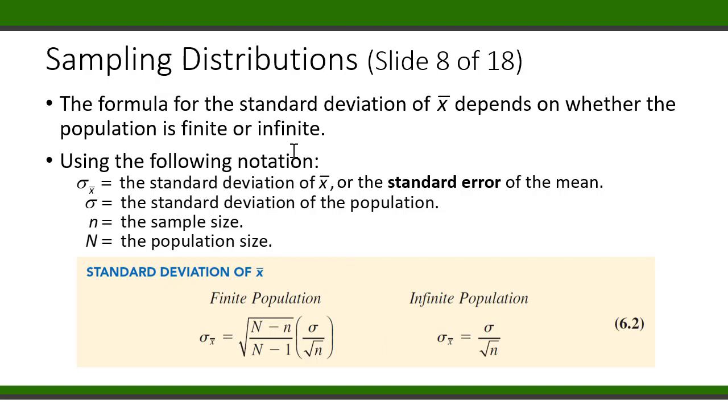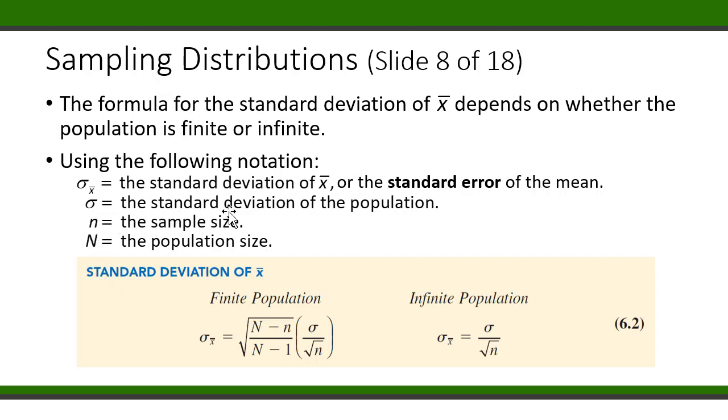The formula of the standard deviation of x bar depends on whether the population is finite or infinite. If we use the following notations, the standard deviation of x bar, or the standard error of the mean. The standard deviation of the population doesn't have any subscript on it.